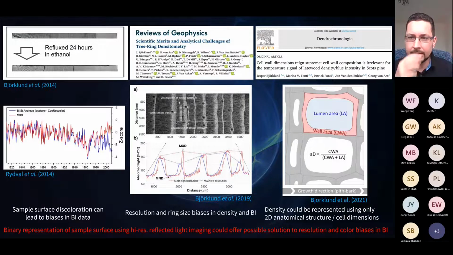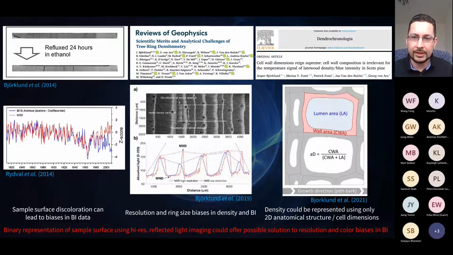Based on some work that Jesper published recently, there's this idea that we could represent density by looking at the anatomical structure, using a 2D anatomical cell dimension representation of the cell wall area in relation to the total cell area.